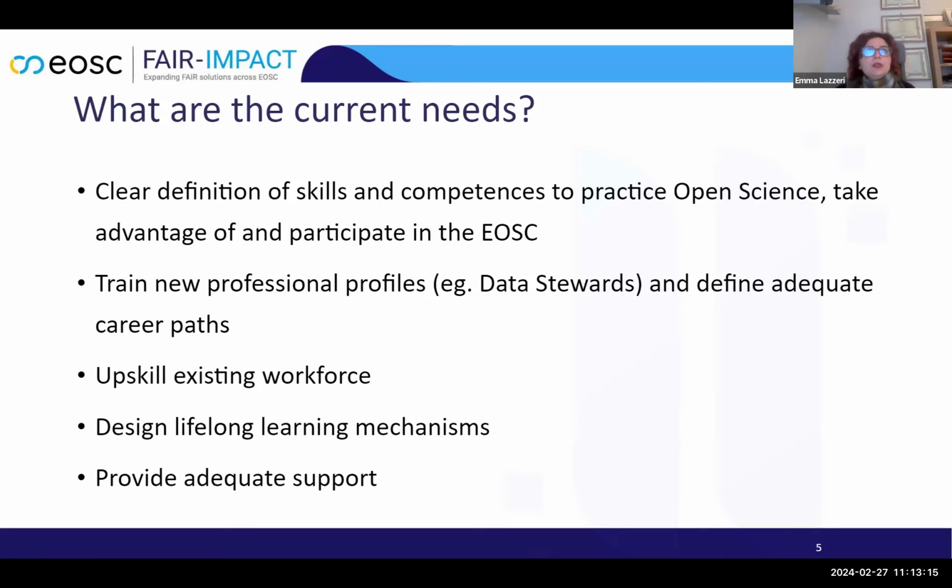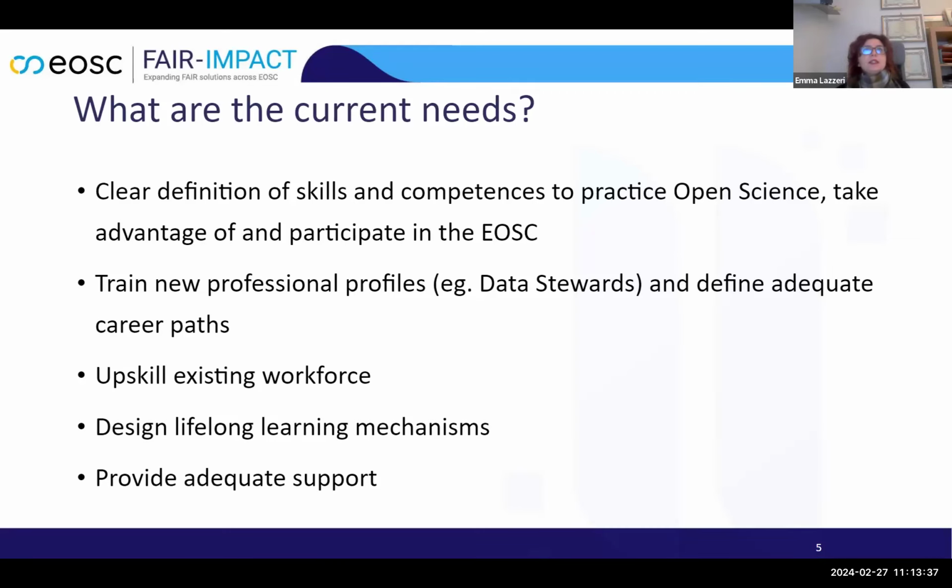There is the need to train new professional profiles like the data stewards that are taking now much space in the researchers' support, and also to define adequate career paths for these new professional profiles.